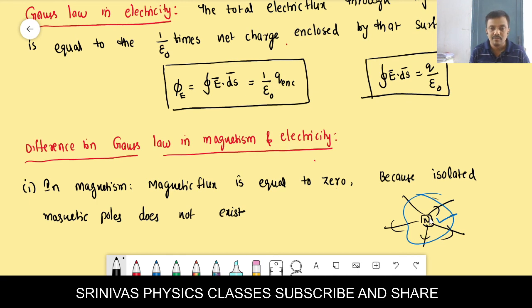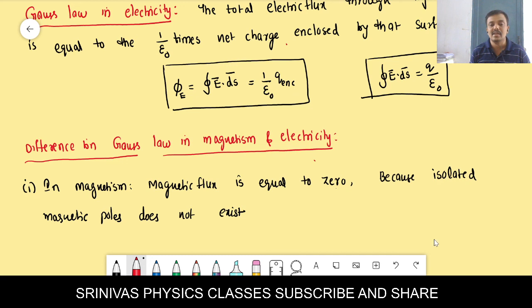Here you see 1, 2, 3, 4, 5 lines are going away due to the north pole. But the south pole is also there. That's why these 5 lines come back. When they come back, how many lines are leaving? That many lines are coming in. Then the total flux becomes 0.